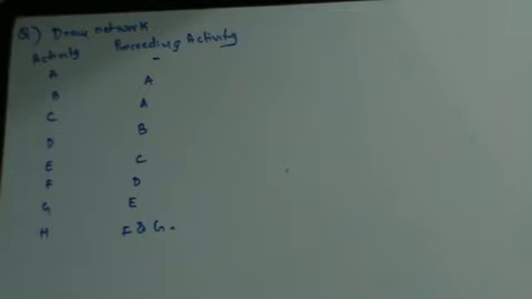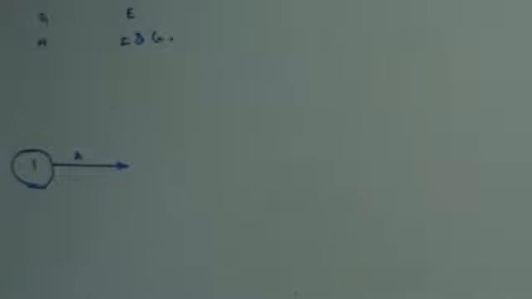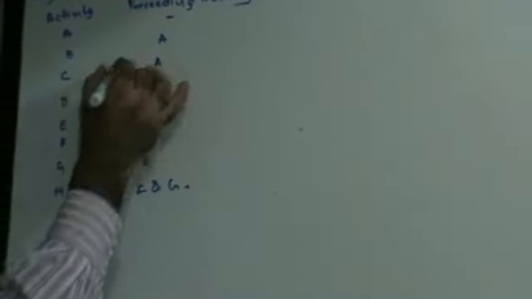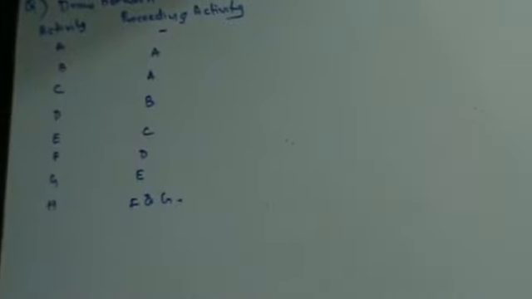Now you always start with an event. Let's start with event 1. This is how you represent an event. There is an activity A that will come up. The first activity is activity A. Now after A there is going to be activity B. From A you have activity B and you have activity C. So event 1 goes to 2.